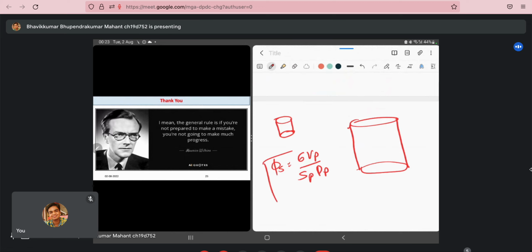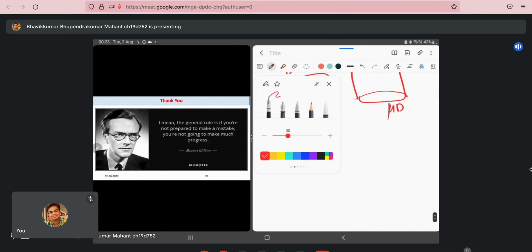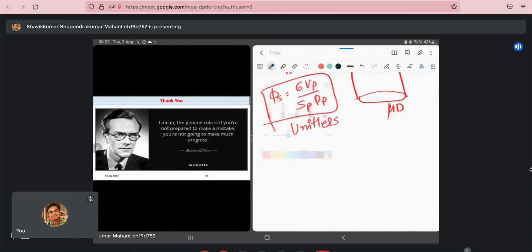Sphericity is a unitless property. We just take the ratio, and if this L and this D are, suppose, 4L and 4D, then at the end, if all the constant values are the same, it will cancel out and you will get the same sphericity. So sphericity does not depend on size.